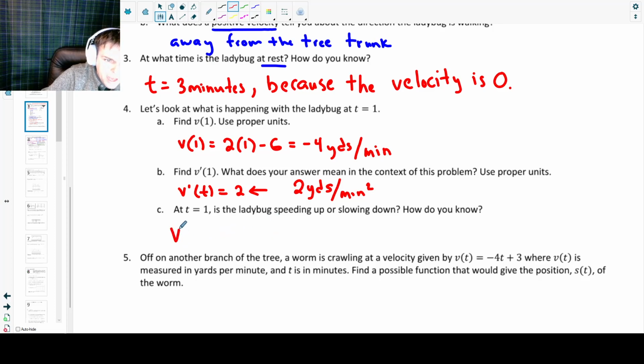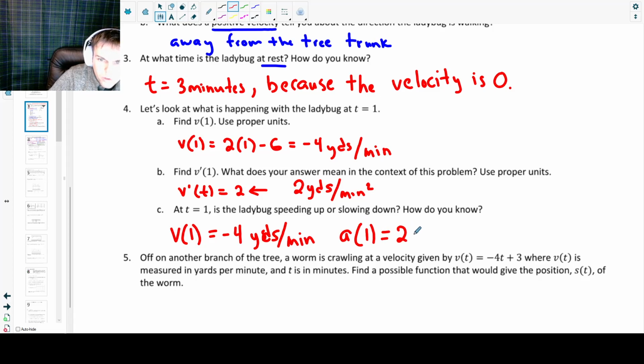And so we know that at 1 minute, our velocity is -4 yards per minute. And we know that our acceleration, I'm just going to call this A of 1, is 2 yards per minute squared.